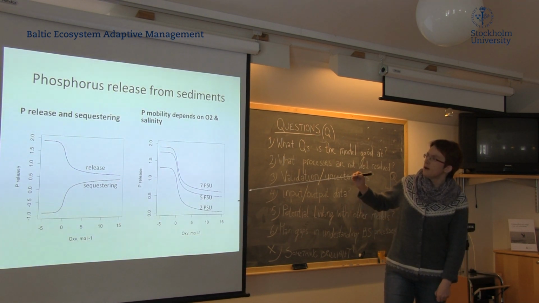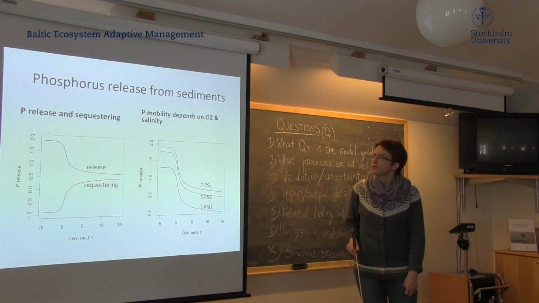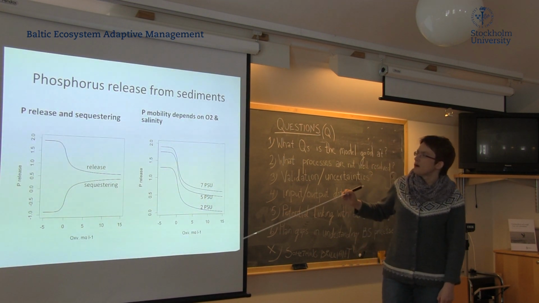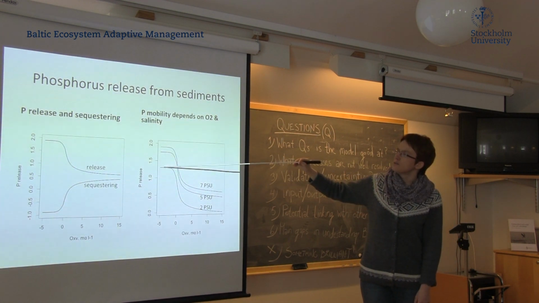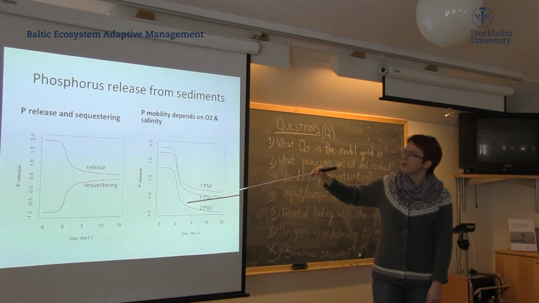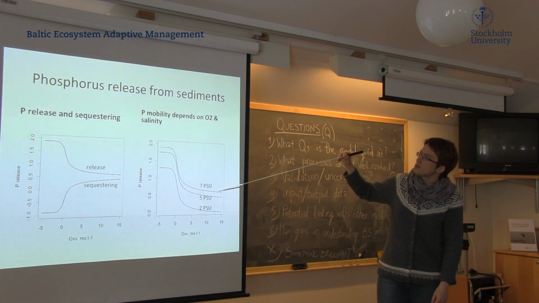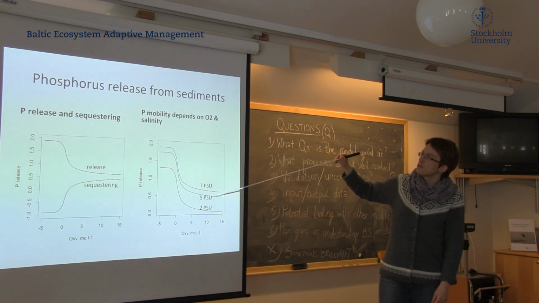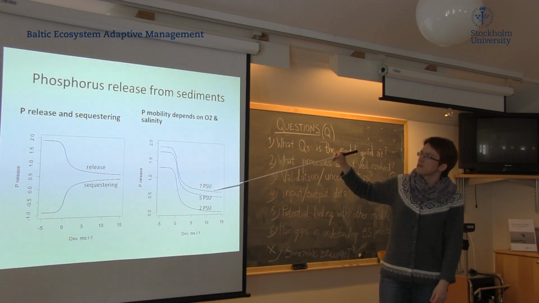Basically, the way that Baltic sediments function is that in very low salinity conditions, the phosphorus release is much less. So phosphorus is less mobile than under saline conditions, and we have tried to shift those curves according to salinity to mimic this effect.